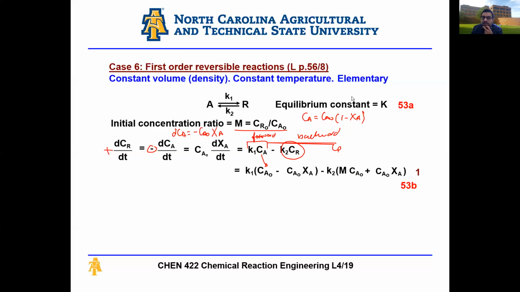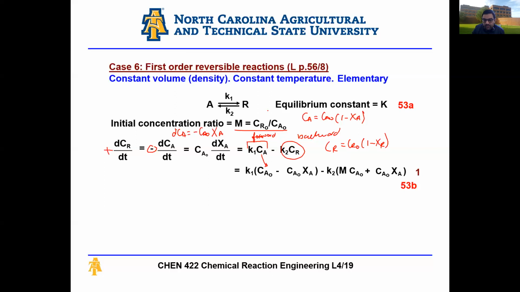Okay. Let me erase. Sorry, so I get basically CR is equal to CR node into 1 minus XR.